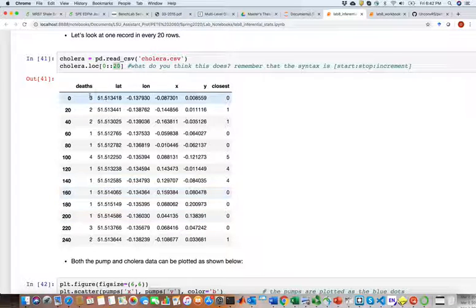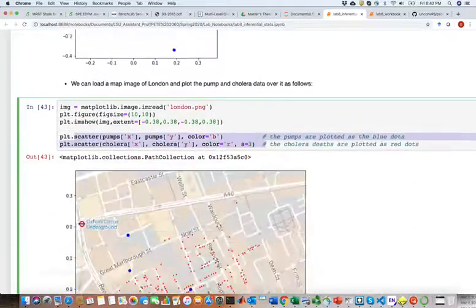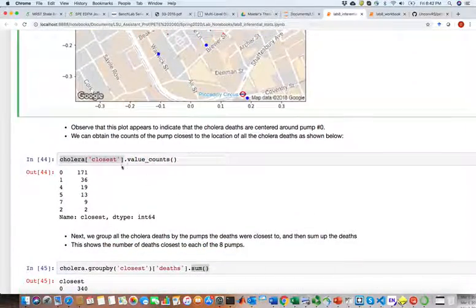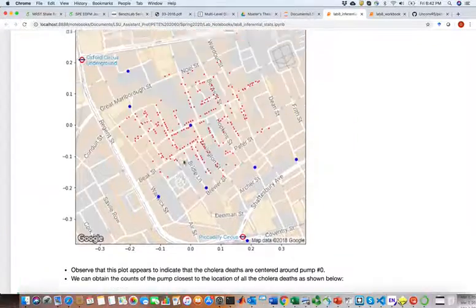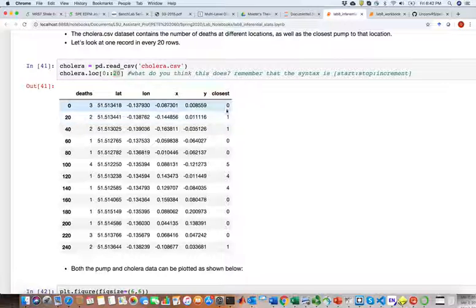We want to count the number of deaths closest to each of the pumps. And that's what we obtain from this. So cholera closest, then count the number of values. Actually, this is not the final result. So this is only counting the number of times pump 0 shows up in this data set.